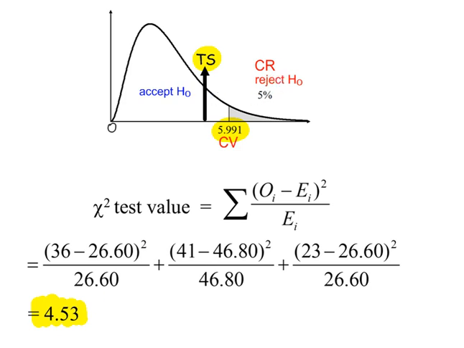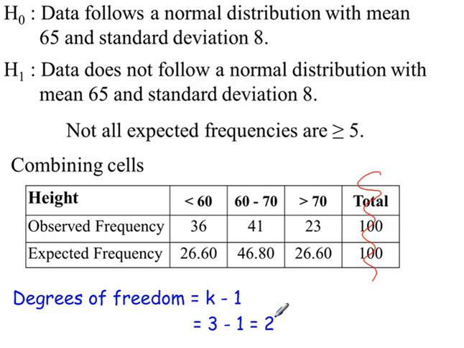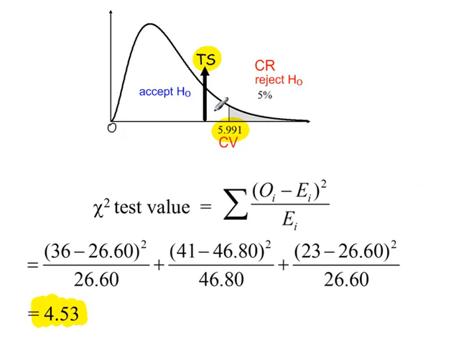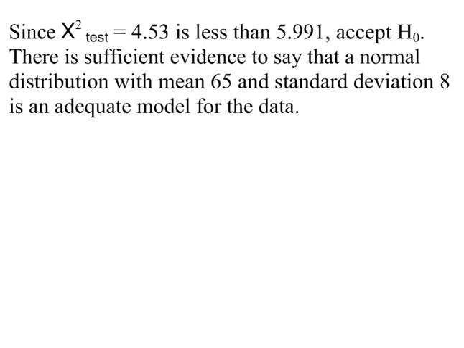A 5% significance level, 2 degrees of freedom. So 5%, 95%, 2 degrees of freedom, 5.991 for the critical value. So we accept H0. 4.53 is less than 5.991. And our conclusion.